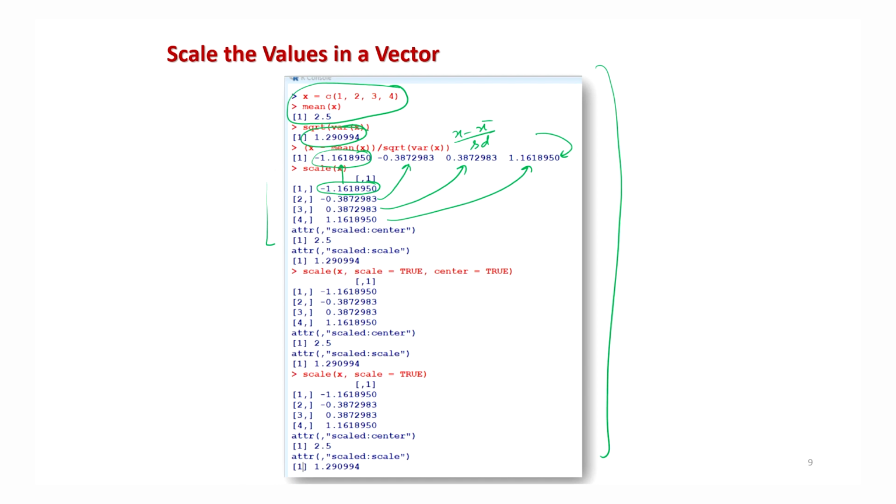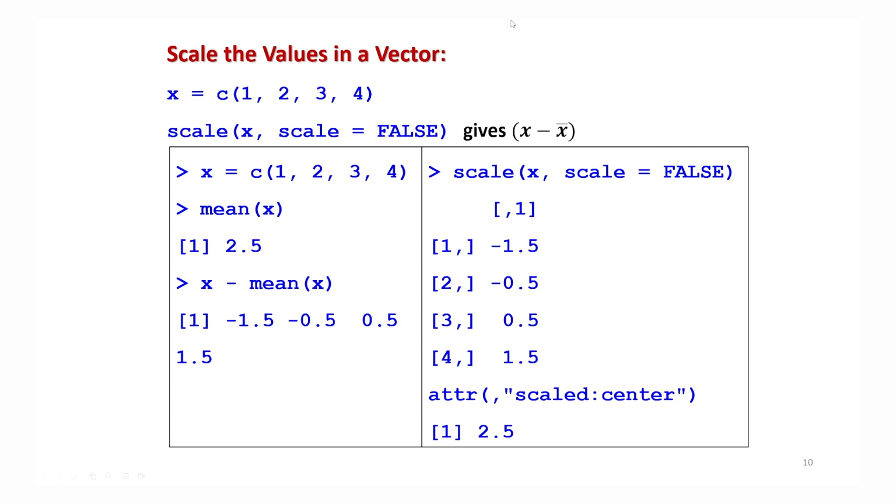And in case you use scale is equal to true, center is equal to true, or only scale is equal to true, you can see that these values are the same, right? But my advice to you all is to use this one, where both scale and center options are clearly mentioned, right?